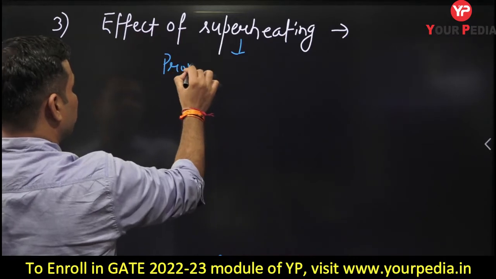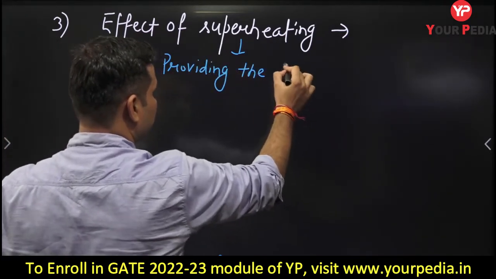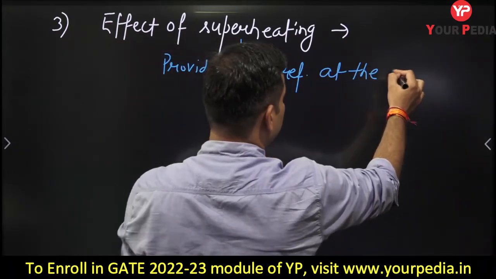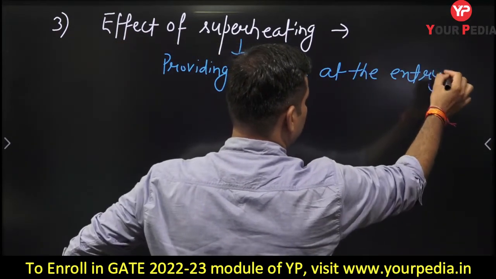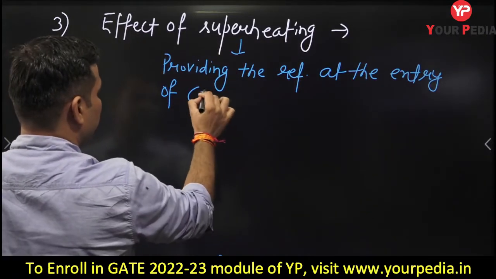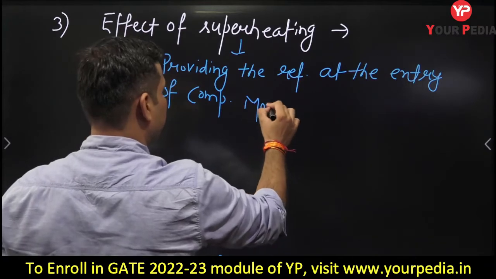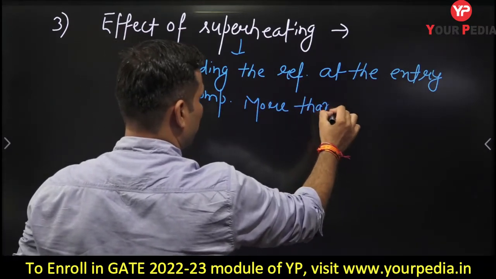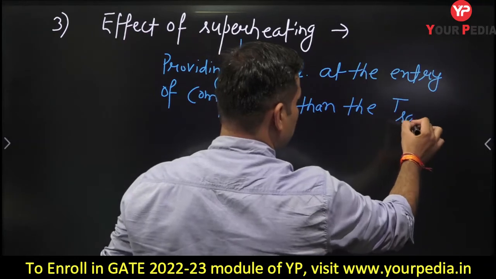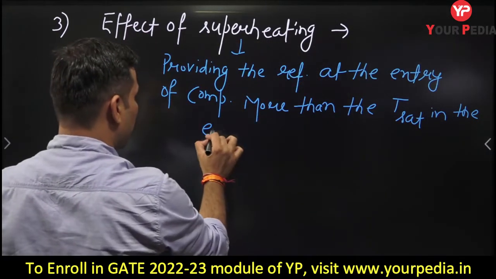Providing the refrigerant at the entry of the compressor at more than the T saturation in the evaporator.